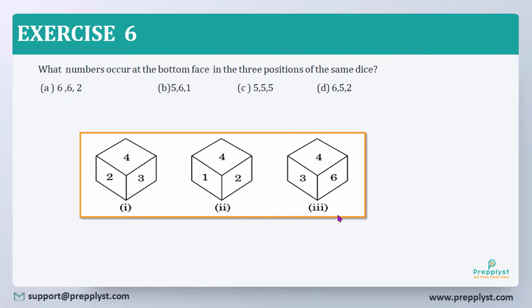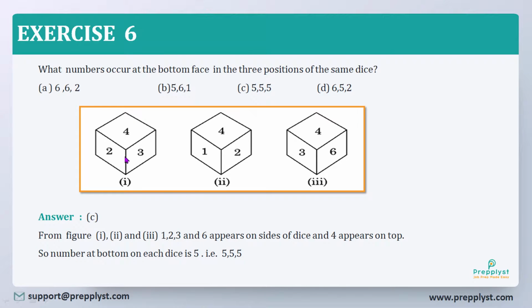So as you can see in all the 3 diagrams, the numbers 1, 2, 3 and 6 are adjacent to the face which has the number 4. The only number left is 5. That means 5 is going to be on the face which is opposite to 4.